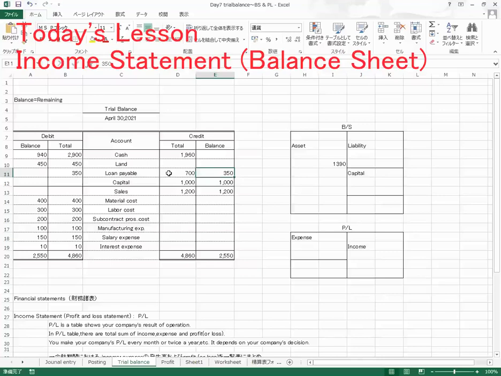The liability is the loan payable, and the balance of the loan payable is 350. And also the equity capital is 1,000.